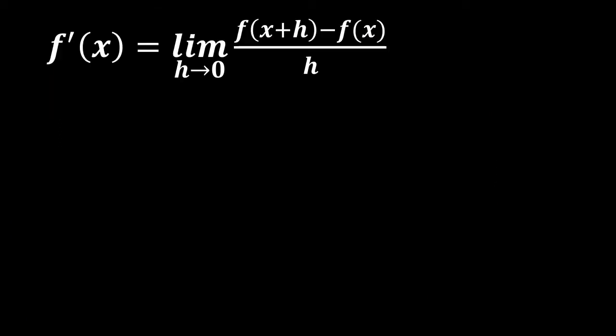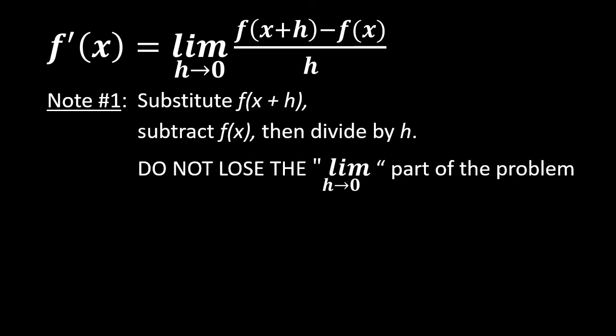If I have f prime of x, there are just a few things you should know. Note 1: we did this when we did the difference quotient, so some of you may not need to write this all down. We are going to substitute f(x + h) into the equation. I always think of these as a 3-part problem. Step 1, substitute in f(x + h).